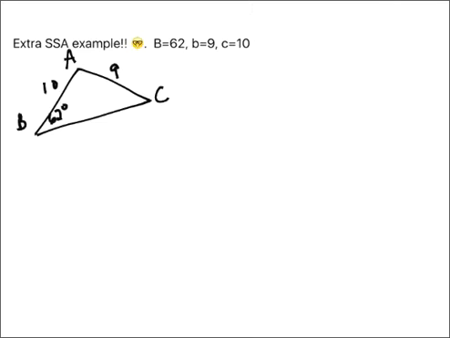So if you look, I'm giving you two sides and an angle that's not between it. So I'm giving you two sides, the angle is not between. Remember, you need to be careful with these. Let's start this.